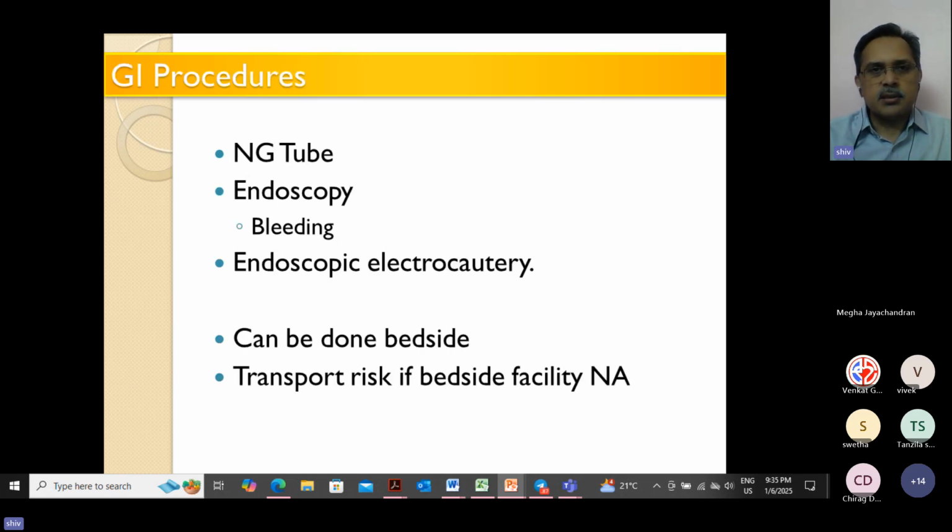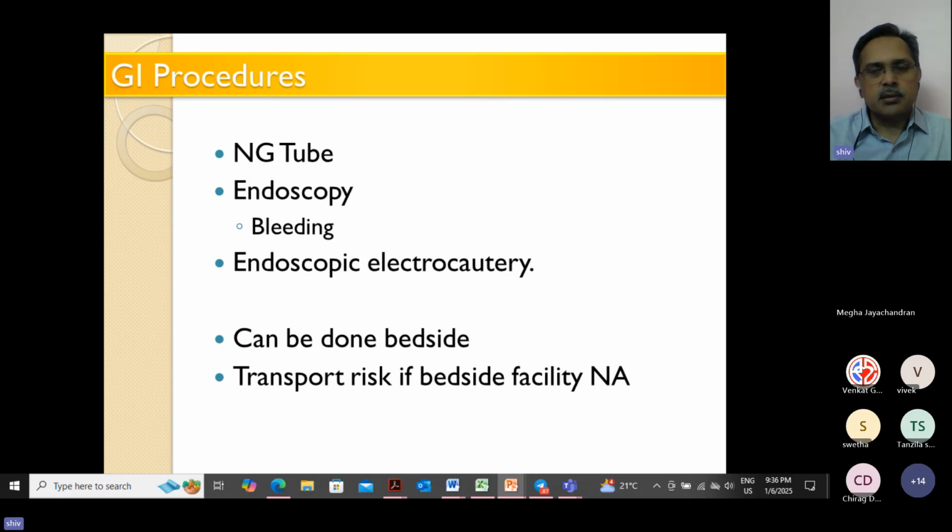GI procedures, as simple as a nasogastric tube insertion, can become very, very catastrophic when they're already on ECMO with significant heparinization. It may be better to do an orogastric tube insertion rather than a nasogastric tube insertion, with a direct laryngoscopy technique to minimize the trauma and the risk of bleeding.